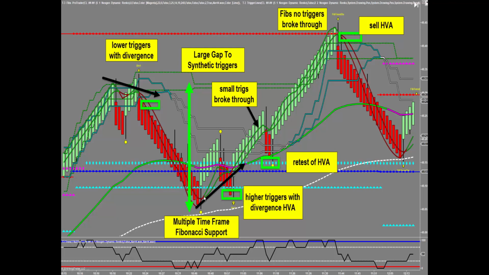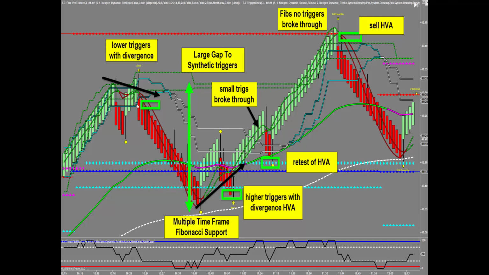See that higher small trigger look? You're going to get used to seeing that now. If we have a high volume area here, we're looking to take a long trade. If for some reason you missed it, and the small triggers broke through, you may get a second opportunity of another high volume area here, with an even more favorable look for going up.